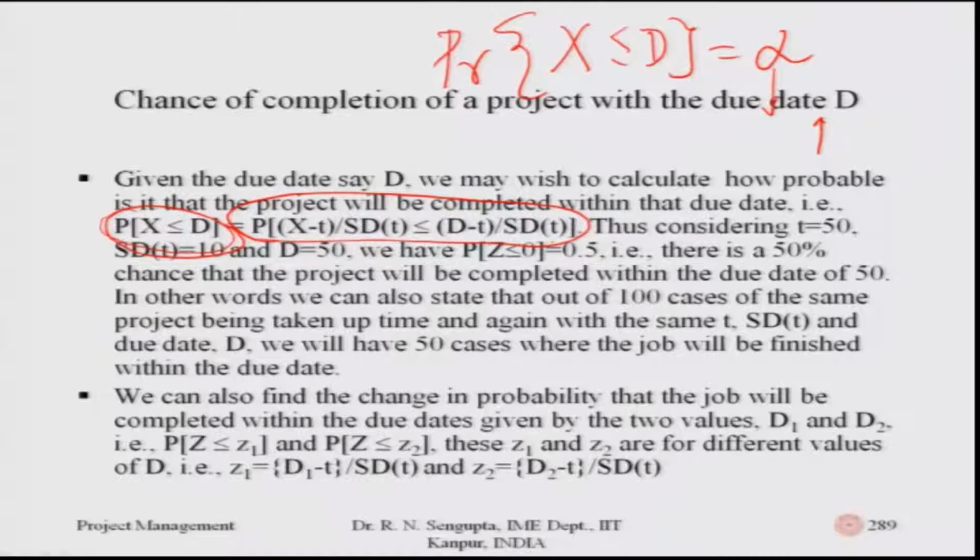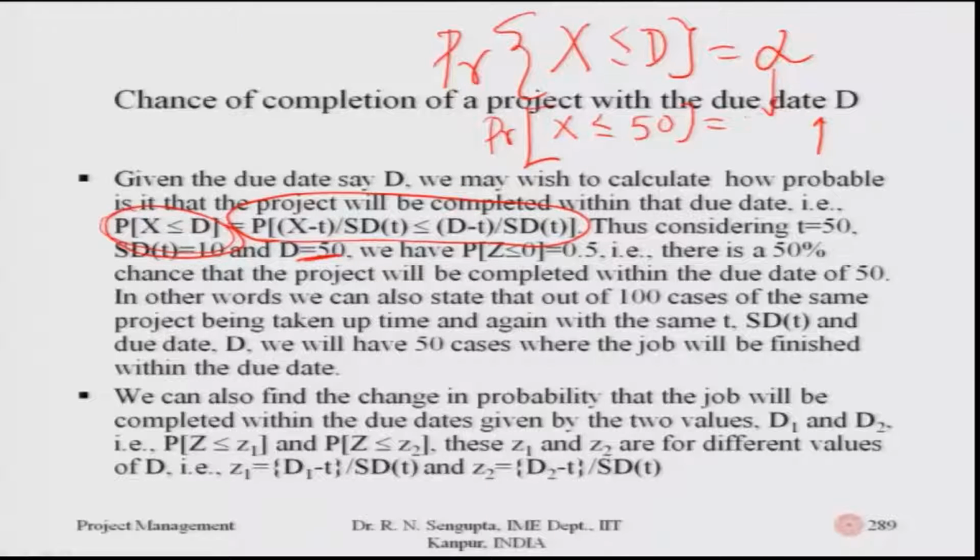Thus, considering t as 50, standard deviation as 10 and d as 50, we would have, now, this is considering that Z is the standard normal. So, how it came about is exactly this: probability of x less than or equal to 50.